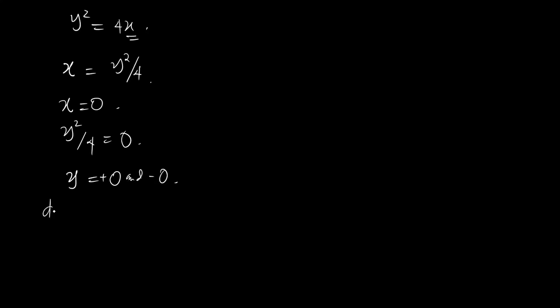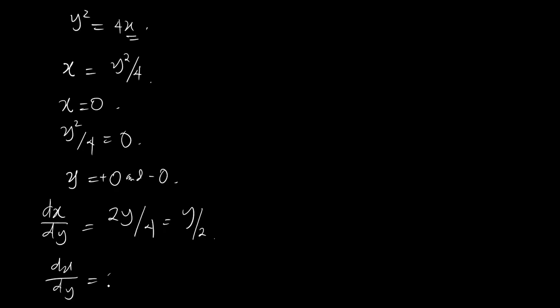Now the differential of dx over dy will give us 2y over 4, which is y over 2. Where dx over dy is equal to 0, you have y equal to 0. So now this diagram will be drawn in this other form. Now you have something like this.